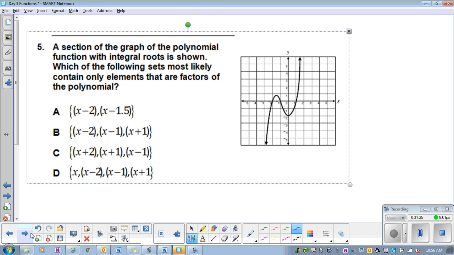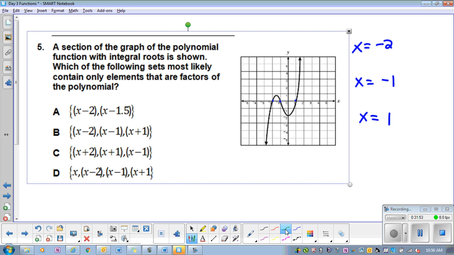All right, so this one is a lot of words. What they're basically saying is, what are the factors of this graph, right? So go and get your zeros first and then rewrite them as factors. So you have this guy, and this guy. It's the same thing, right? x equals -2, x equals -1, and x equals 1.